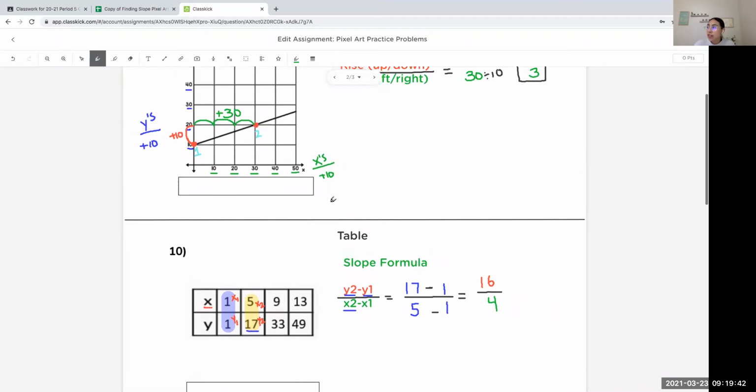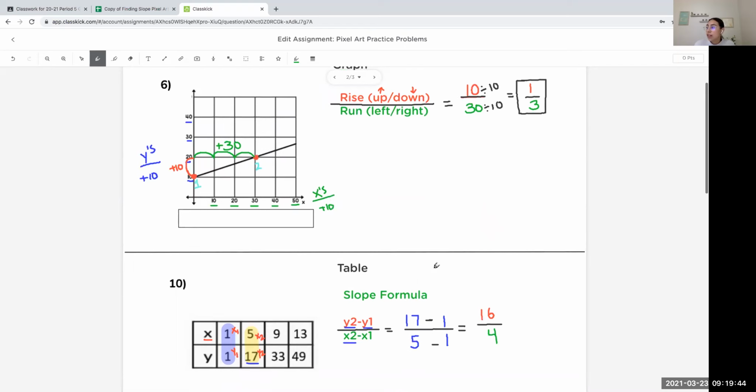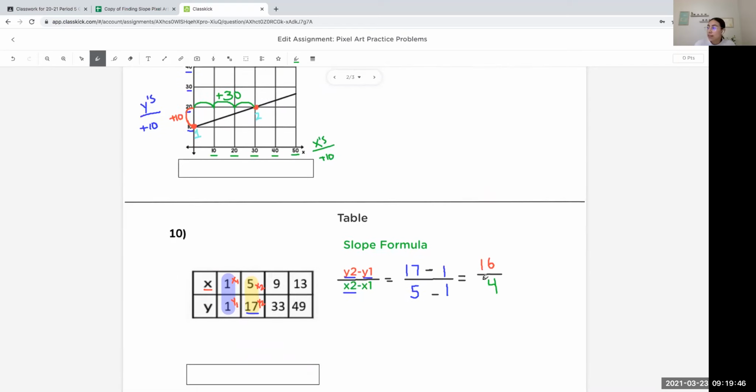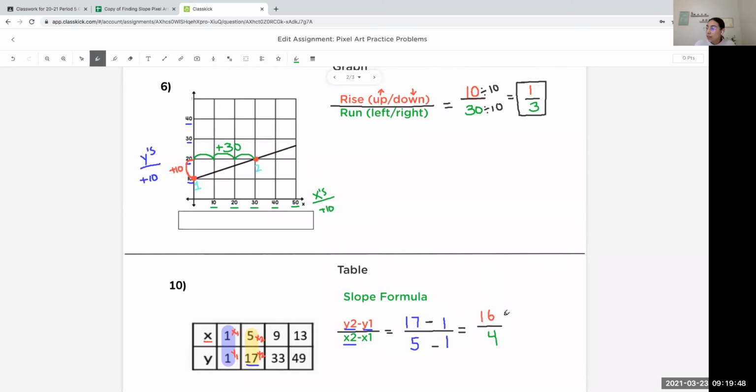But you want to ask yourself, just like we did over here, can we simplify? So when I look at this fraction, 16 and 4, both of those definitely have a common factor. But when I see the difference between these, the bigger number is on the top, which means maybe I can get away with actually dividing these nicely.